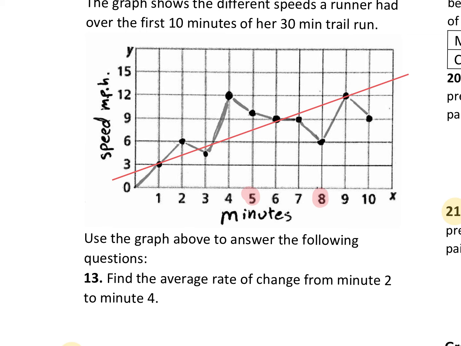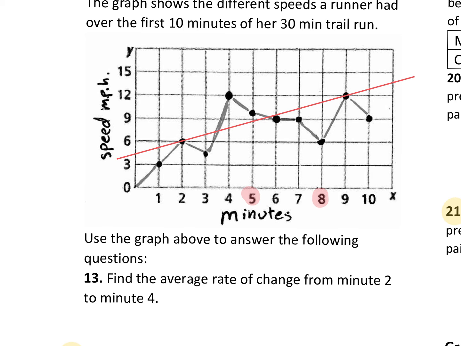If there is one on the test, it'll be more obvious than this one. In this case, you could have also said minute 2 and minute 9. That'd be pretty good, arguably just as good as minute 1 and minute 9.